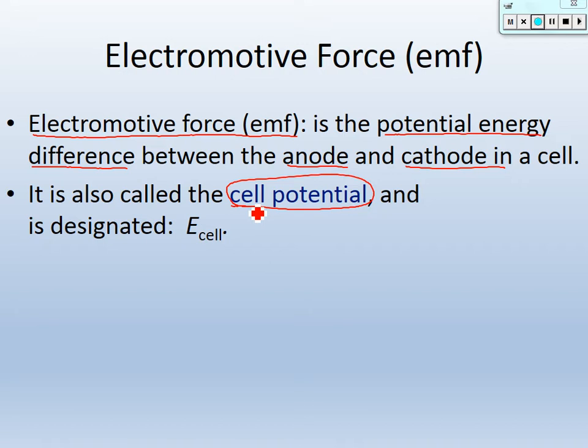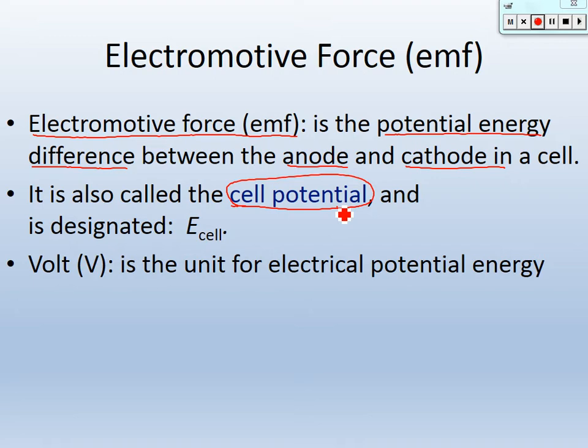It's designated with a capital E for the potential energy, with cell written as a subscript. So this is the potential energy of the cell, and it is measured in volts. The volt, abbreviated capital V, is the unit for electrical potential energy. We're going to be focused on how many volts an electrochemical cell will produce, so we're interested in that electrical potential energy difference from the anode to the cathode.